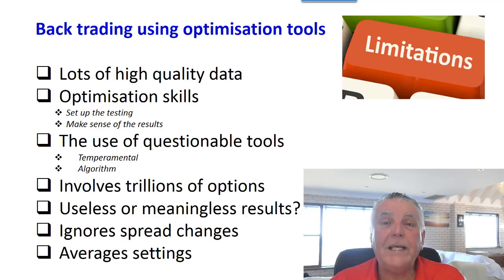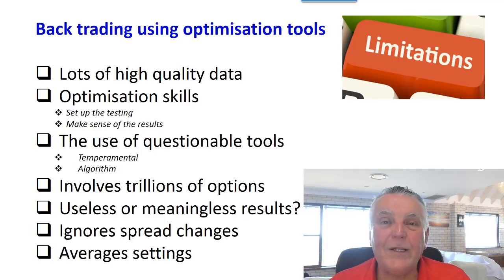Now, traditional optimization takes an EA, tests it against some really high quality data going back a year or so, and then finds the best setting out of that. That process requires you firstly to have data that has high quality and has sufficient history to go back as far as you want it to go.